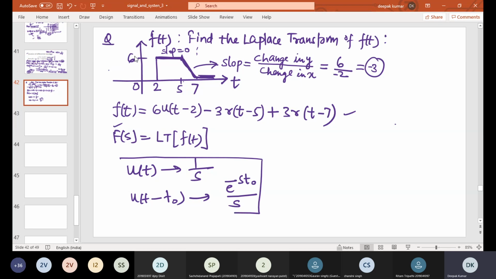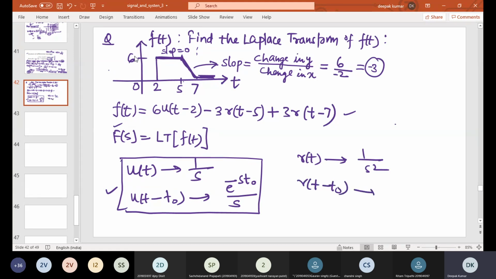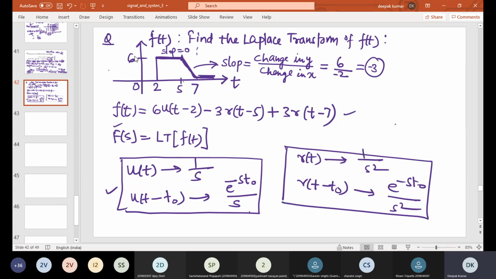Apply this property. Again, the Laplace transform of r of t is 1 by s square, and with shift t minus t naught it is e to the power minus s t naught divided by s square. So apply these two properties and you can easily find the Laplace transform.